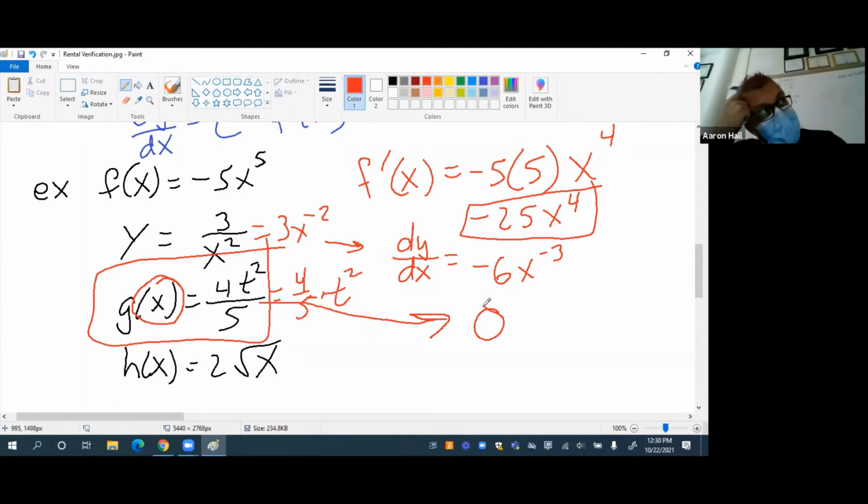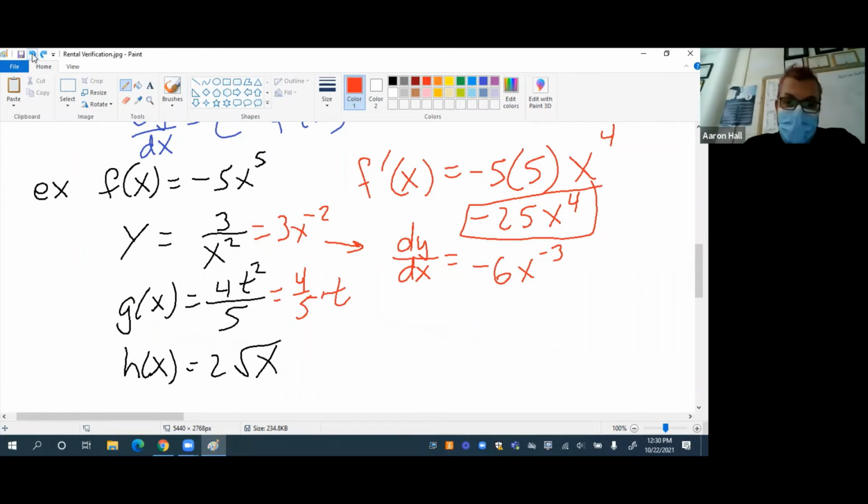Why is it 0? Because there's no x. This is all a constant. With the way I wrote this, if I take the derivative with respect to x, then my slope is 0. Do you see it, Jillian? Okay. But I didn't mean to do that. So how do I change it so that I can make everybody happy?